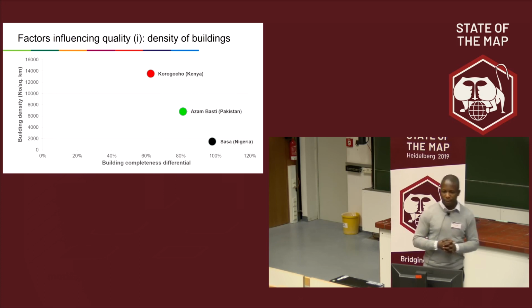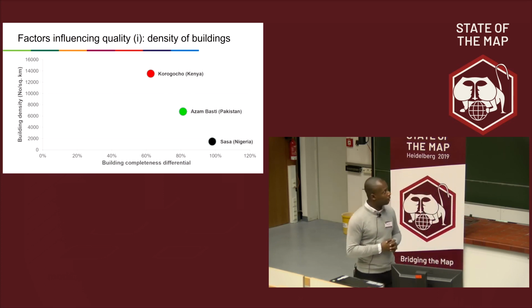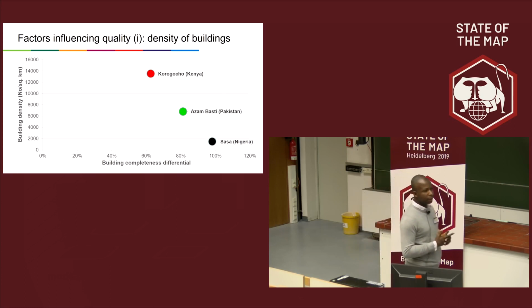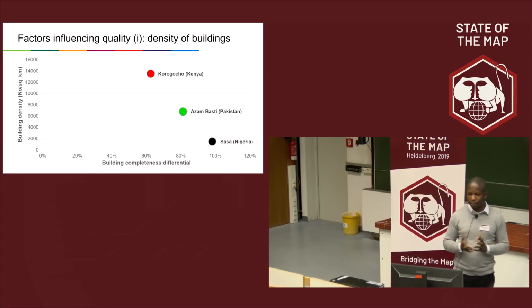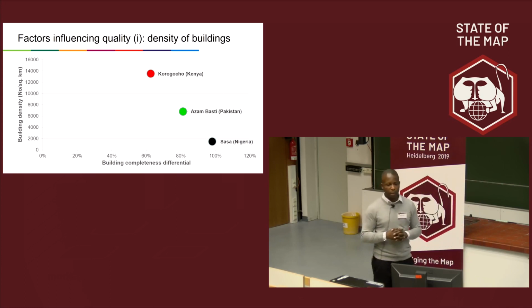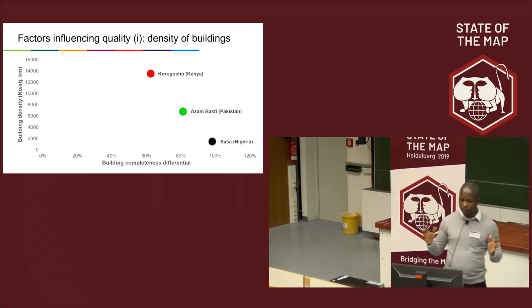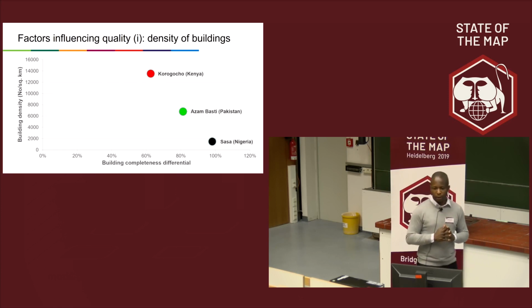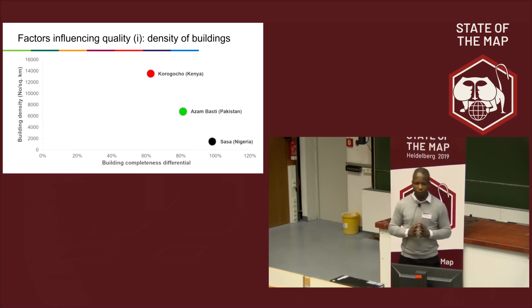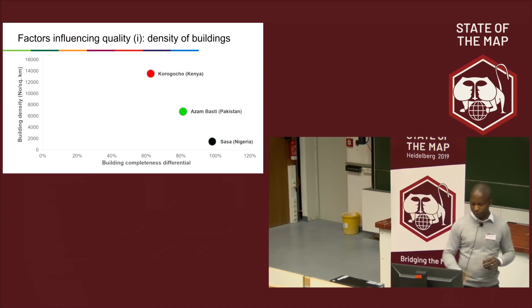In terms of factors influencing quality, the preliminary analysis so far suggests that density is key. Density of buildings, or roads, though I've not shown that for roads here, seems to have influence on quality. The denser the features, the wider the gap, or the lower the completeness differential in percentage terms.